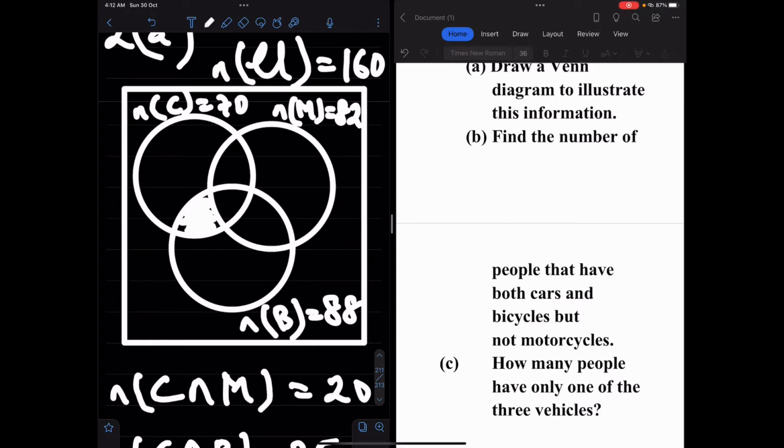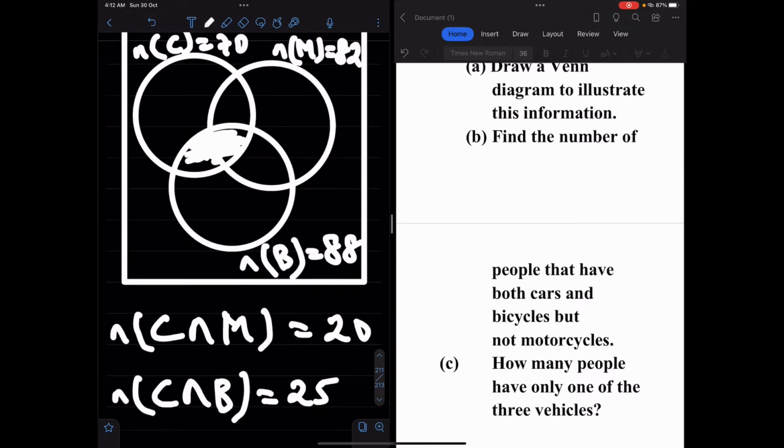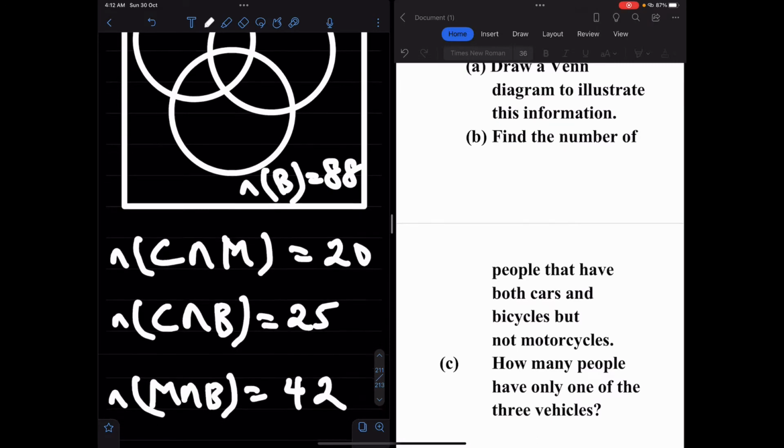And how do we go about that? We already know that the whole of these cars and bicycles is 25. If the whole of that is 25, then, okay, I'm going to go this way. Let me go this way.